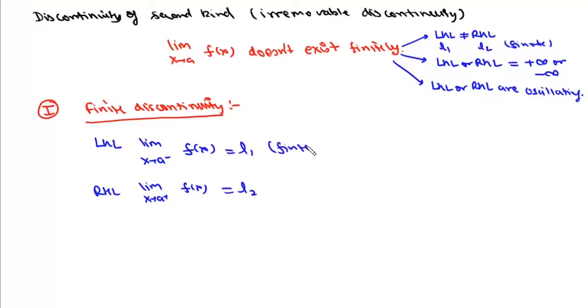So we have this value L1 which is finite, and this value L2 which is also finite, but L1 is not equal to L2. Simply, the value of left hand limit is not equal to the value of right hand limit. Then we say it is a finite discontinuity, and at times we'll also call this a jump discontinuity.